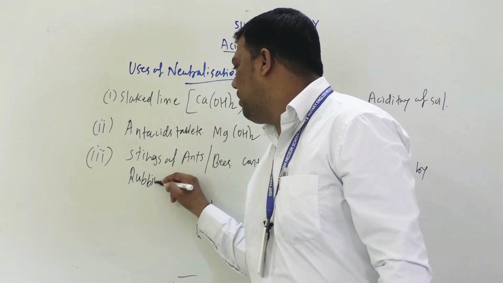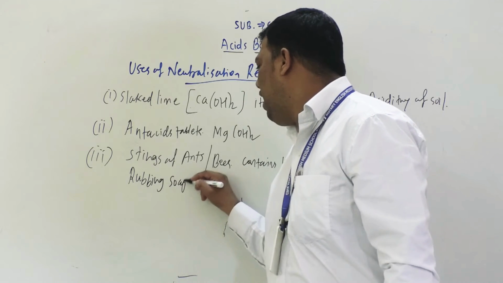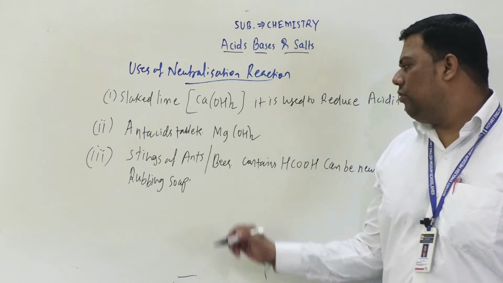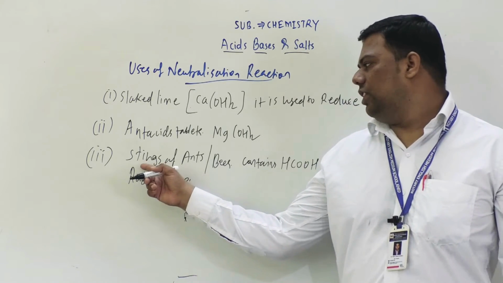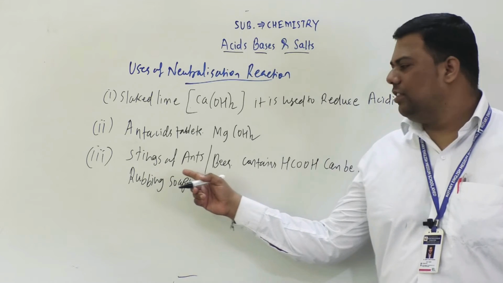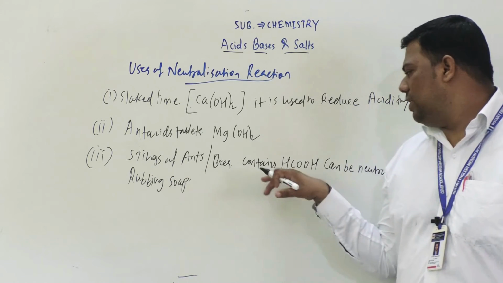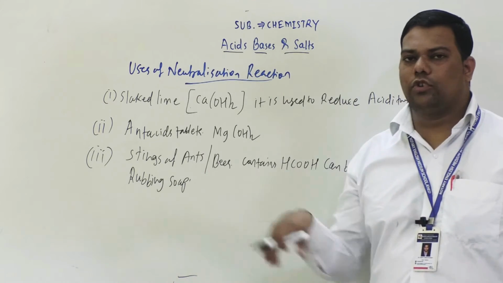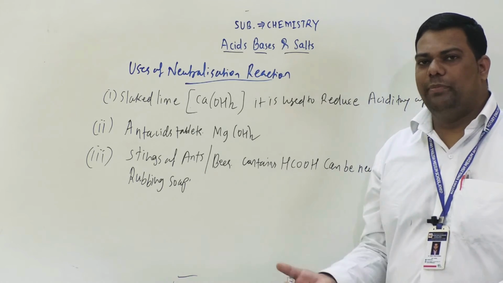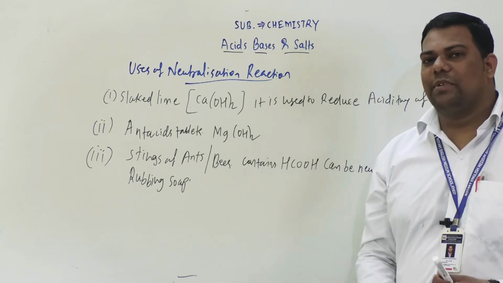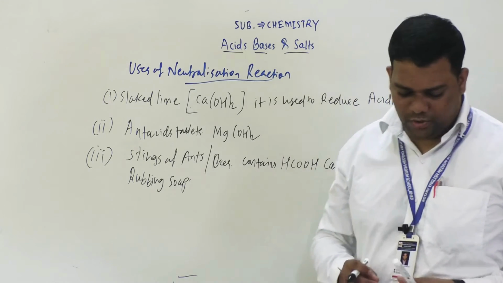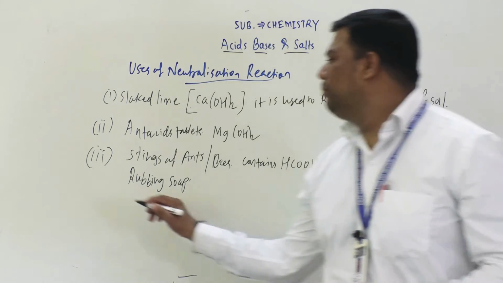How? With their stings, ants produce formic acid, and it can be neutralized by rubbing soap, because soap contains bases, alkalis, so it neutralizes easily. Understood?